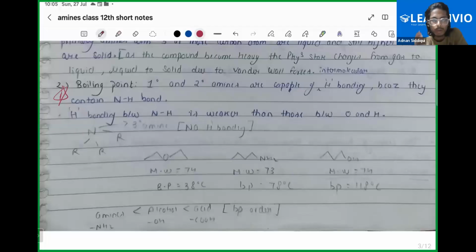I told you na, fluorine, oxygen, and nitrogen, FON. These three atoms are capable of forming hydrogen bonds. Do you remember?